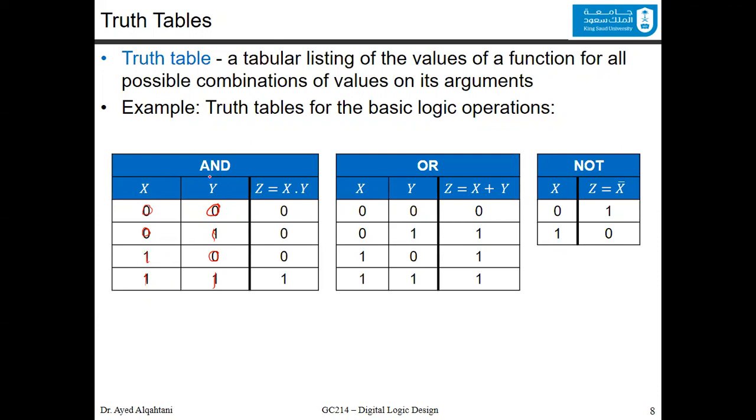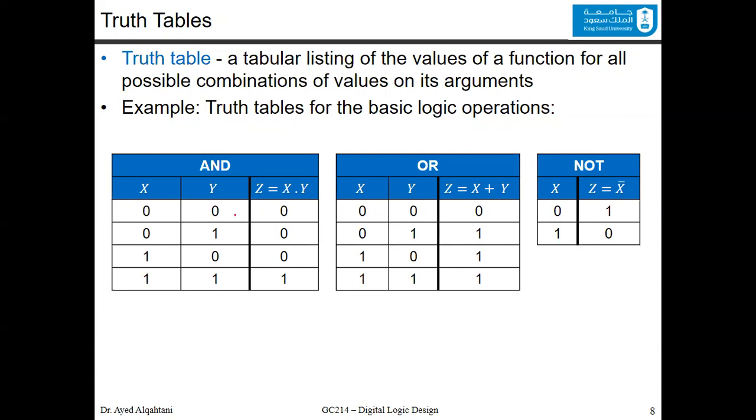After that, you apply the operation, which is AND. So 0 ANDed with 0 is 0, 0 ANDed with 1 is 0, 1 ANDed with 0 is 0, and 1 ANDed with 1 is 1. Similar idea for the OR and also for the NOT.